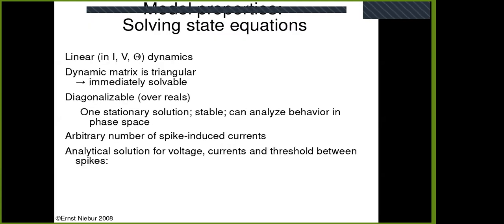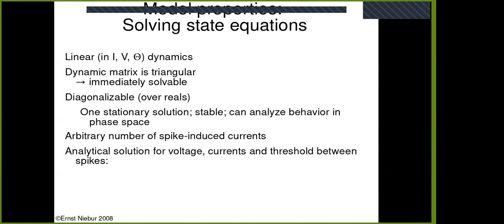Furthermore, it's triangular. That is, by the way, why it's written this way. It's a triangular matrix, so it's easily diagonalizable over reals. You can show there's one stationary solution, for any number of spike-induced currents that you want.